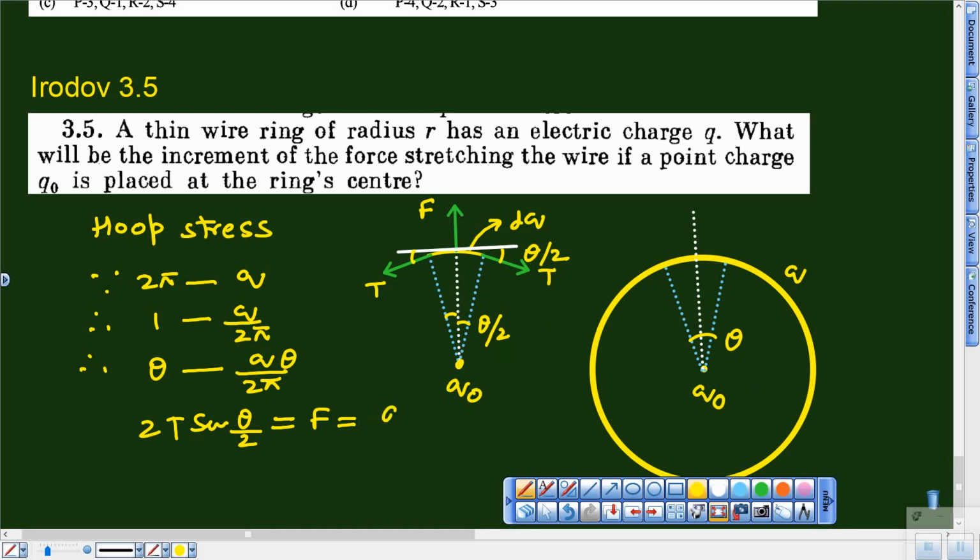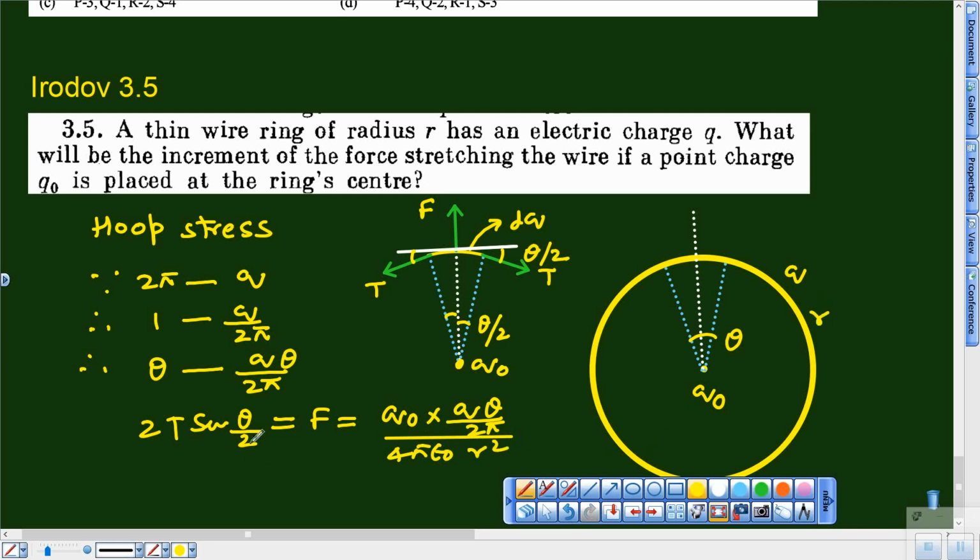Q naught into q theta by 2 pi upon 4 pi epsilon naught r square, where r is the radius of the ring. Small r they have written in the book. Let me also write small r.